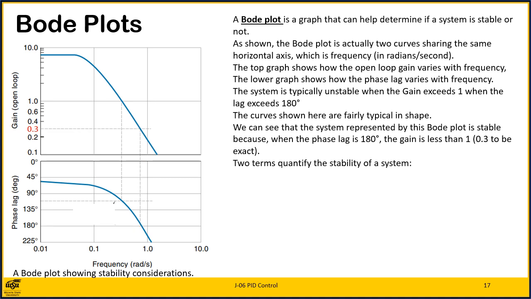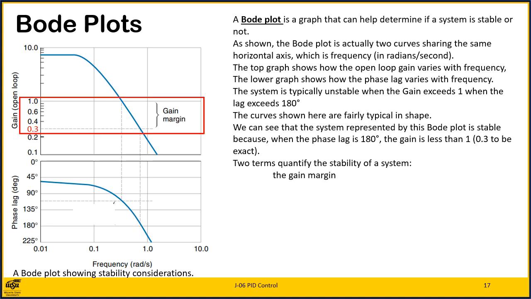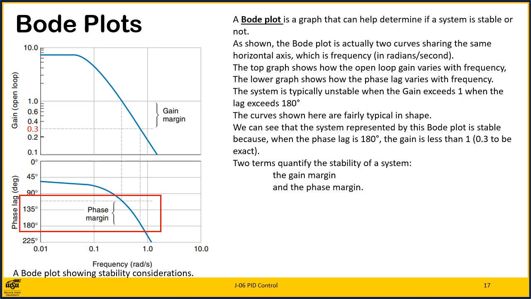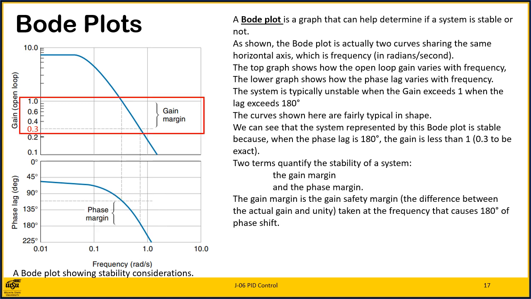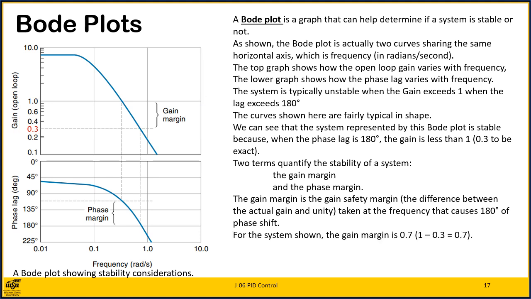Two terms quantify the stability of the system: the gain margin and the phase margin. The gain margin is the gain safety margin, the difference between the actual gain and unity, taken at the frequency that causes 180 degrees of phase shift.